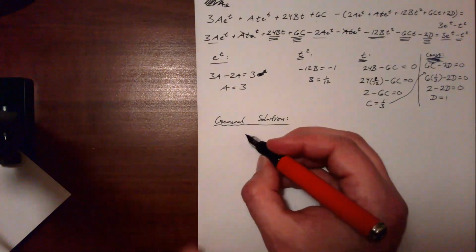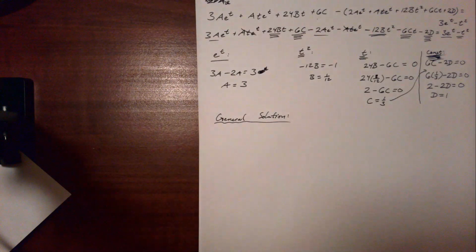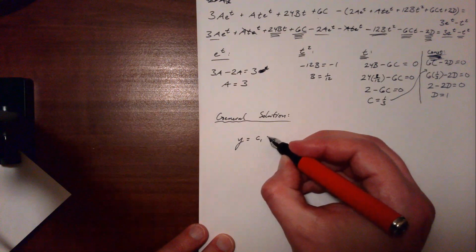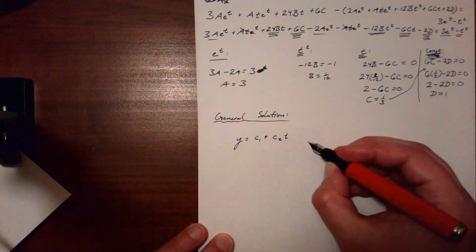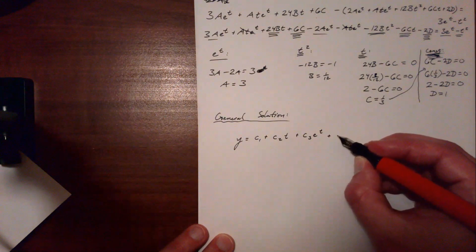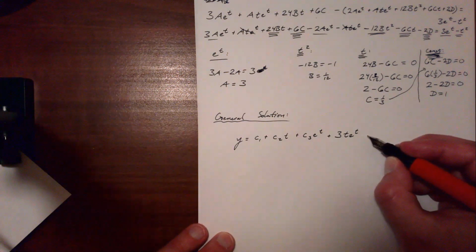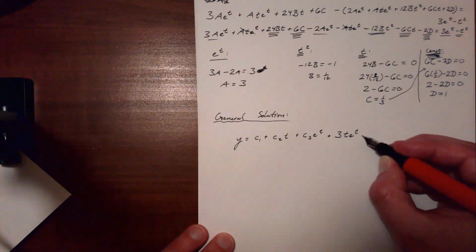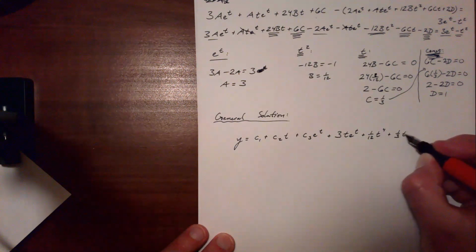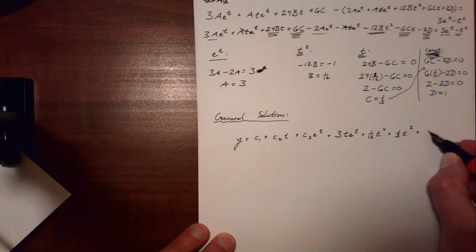Our general solution is going to be, if we look back at what each letter was associated with, y equals c1 plus c2t plus c3 e to the t plus a t e to the t, so it's going to be 3t e to the t, and then the b was associated with t to the 4th, so it's going to be plus 1/12 t to the 4th plus 1/3 t to the 3rd power plus 1 t squared.